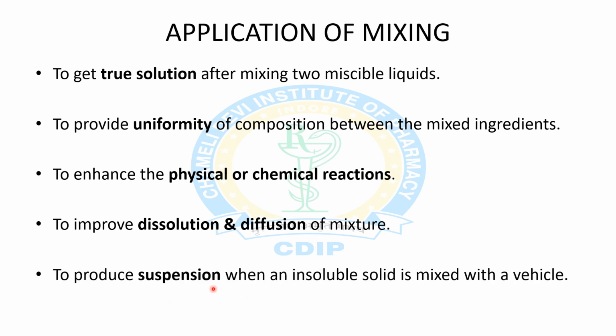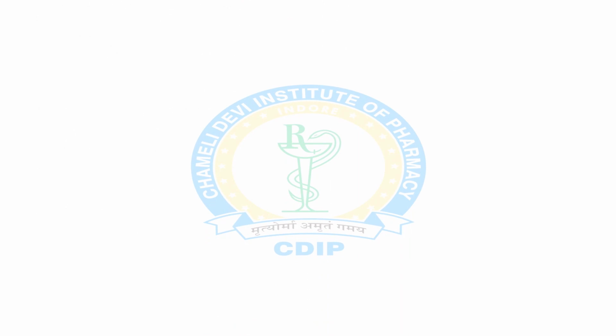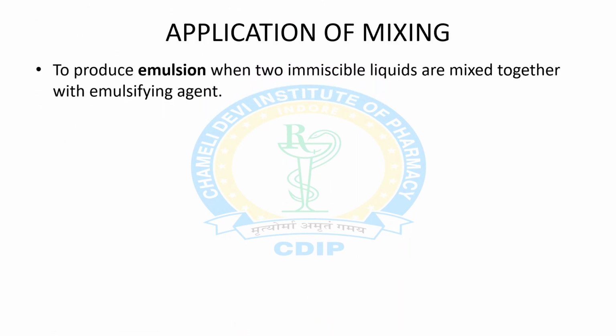To produce suspension when an insoluble solid is mixed with a vehicle. So when an insoluble solid is mixed with a vehicle, then it should give a proper suspension. Another application of mixing is to produce emulsion when two immiscible liquids are mixed together with an emulsifying agent.